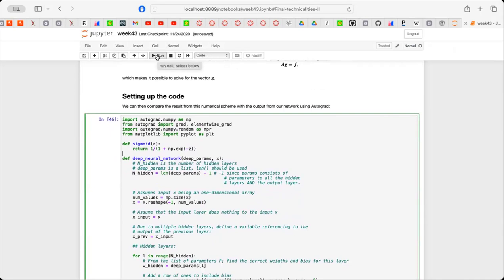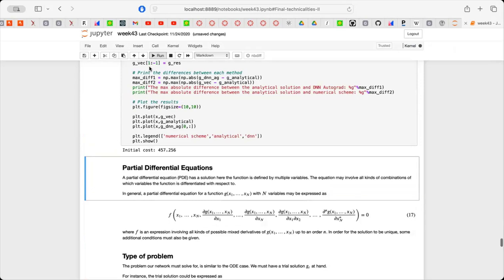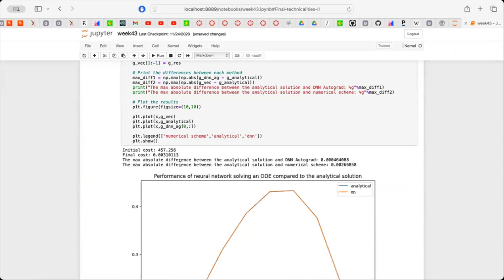So the neural network code is essentially the same as we did with the exponential decay, except that now we have a slightly different trial function which respects the boundary conditions. And if I run it, you see that I'm plotting the difference between the solution and the numerical scheme.